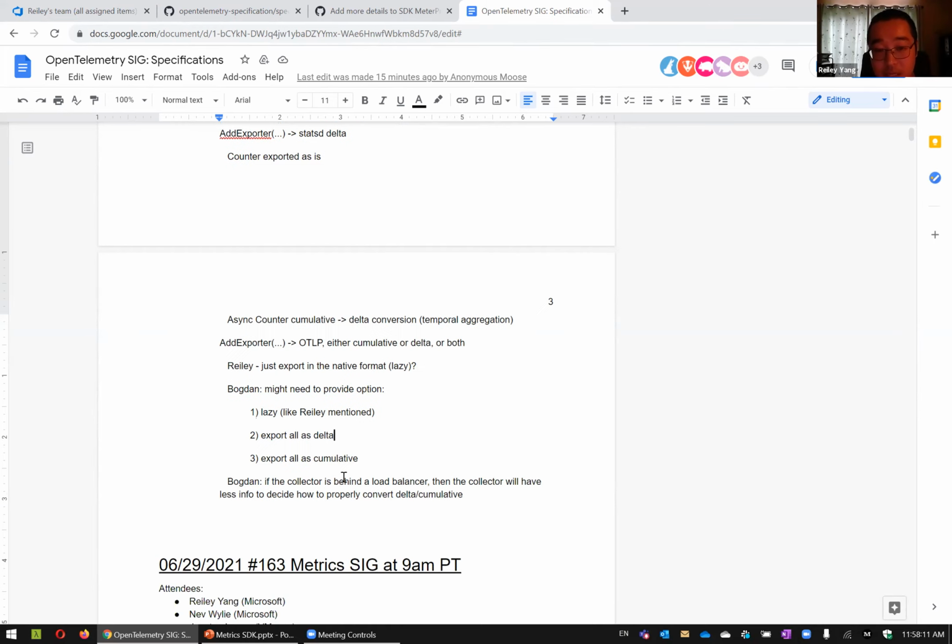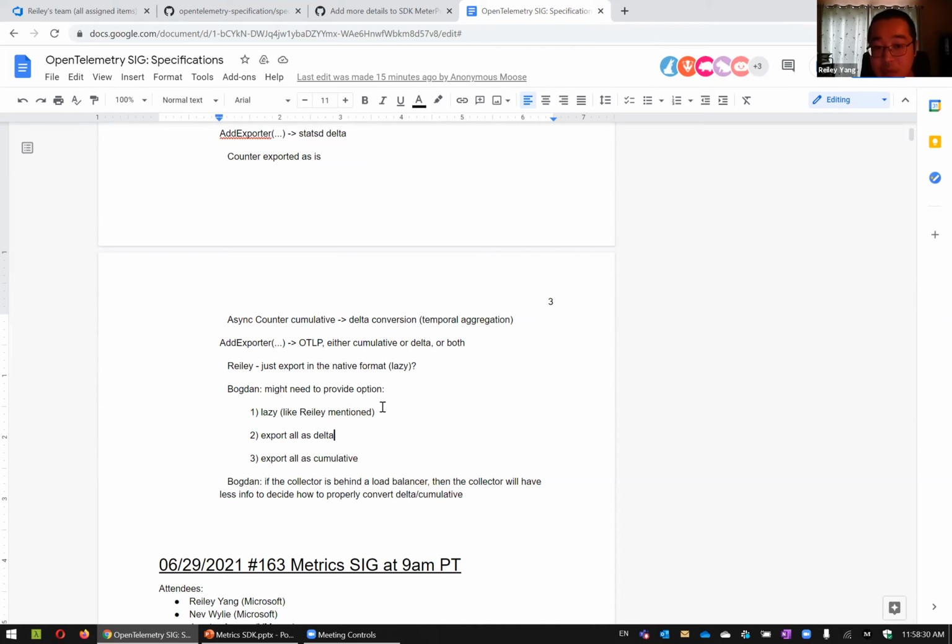And here goes why. So Bogdan believed if you're running behind the load balancer, like the collector is running behind the load balancer, you have multiple things sending that. The collector will have no good idea how to do the conversion because of the start time and all the other mess.